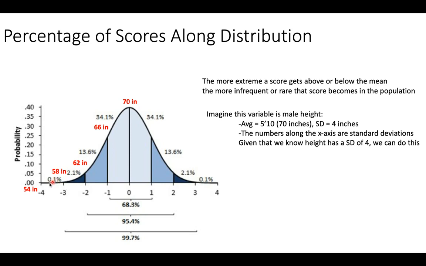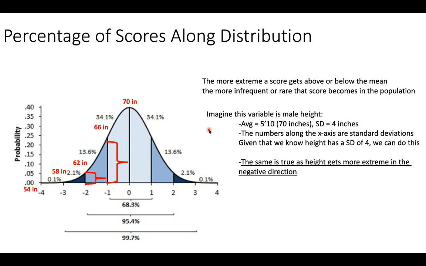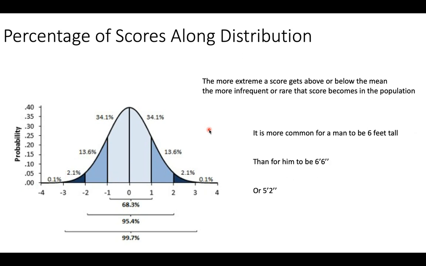And then of course, 4'6", which is almost non-existent in the population. It's there, but the probability of a man being that height is extremely low. And so the same thing applies on both ends of the curve, right? As height gets more extreme in the negative direction, there are fewer and fewer people of that height.